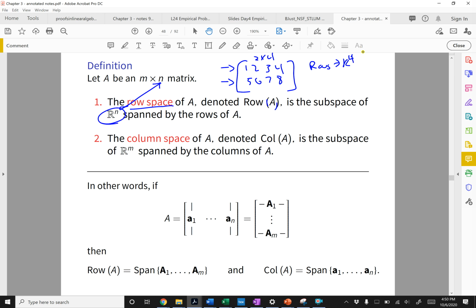So the column space of A is the subspace of Rm spanned by the columns of A. The columns have 2 coordinates each, so they live in R2 in this example. So we have 4 vectors in R2. We can either think about that matrix as 4 vectors in R2, or as 2 vectors in R4.